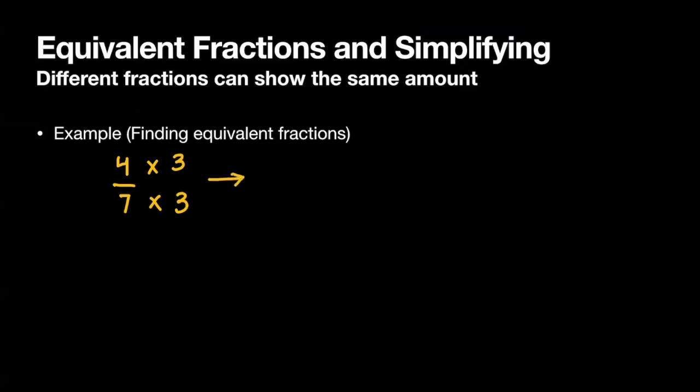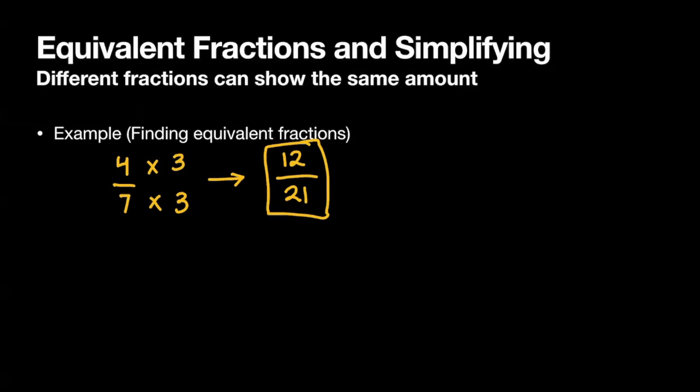And what do we get? 4 times 3 is 12. 7 times 3 is 21, correct. So we've multiplied both the numerator and the denominator by 3, and we have this fraction.